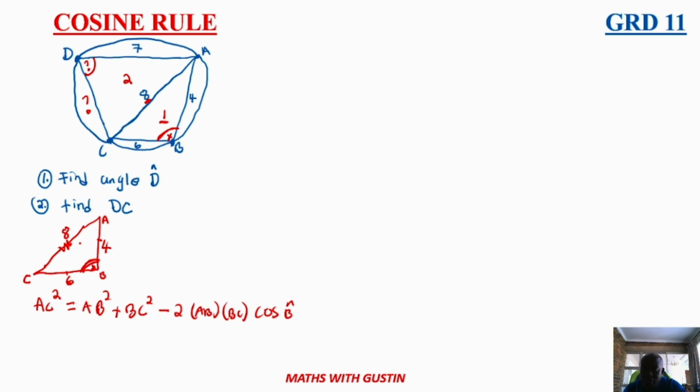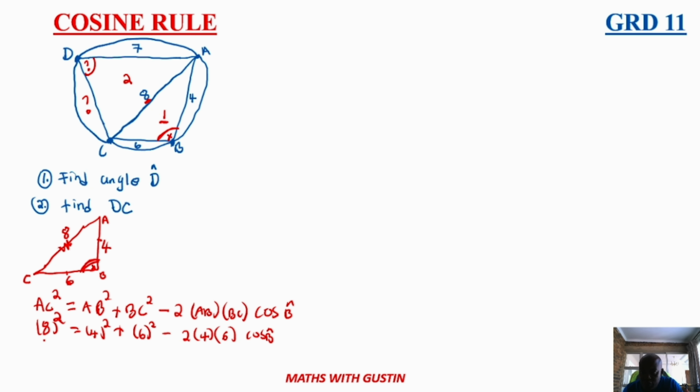So what is AC? AC is 8, so 8 squared equals AB, which is 4 squared, plus BC, which in this case is 6 squared, all minus 2 times 4 times 6 times cos B. That's how you would deal with this one.